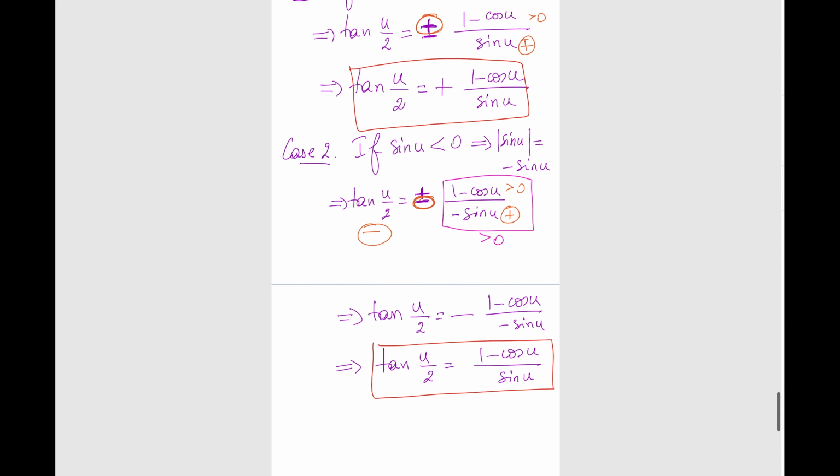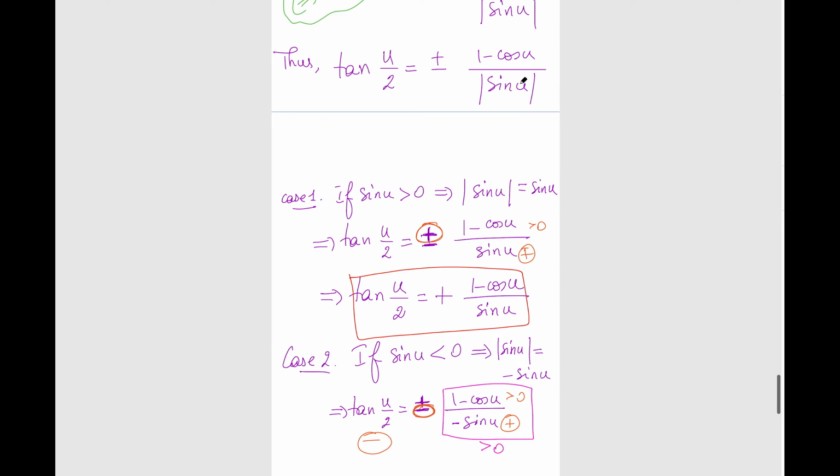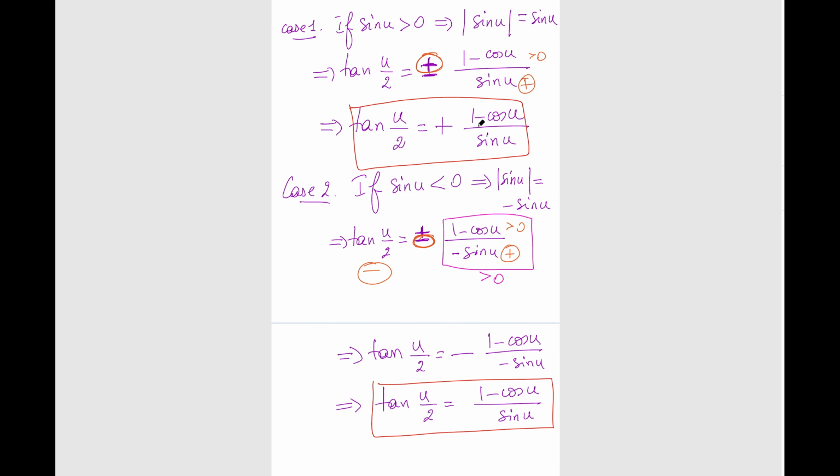Okay, and what do we infer? These are the only two cases for sine of u. Sine of u cannot be 0, so it's either positive or it's negative. It's either case 1 or it's case 2. And in both cases, this whole expression turned out to be this block or this block. But look at those blocks. Aren't they the same?